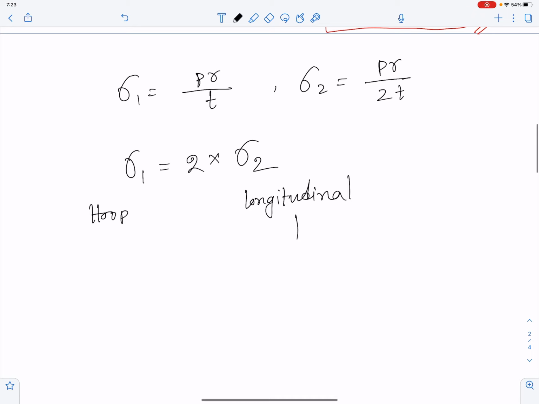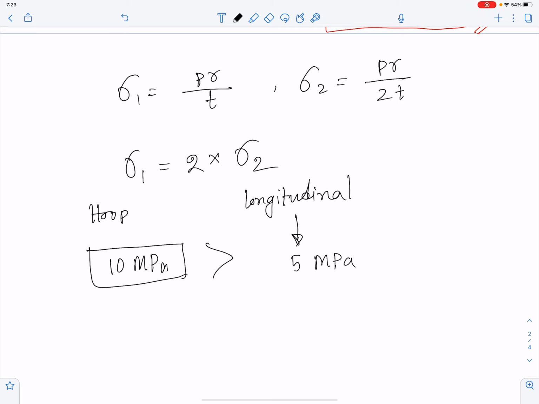So if your longitudinal stress is, let's say, 5 megapascal, then your hoop stress would be 10 megapascal, right? So circumferential stress is always greater than the longitudinal stress.